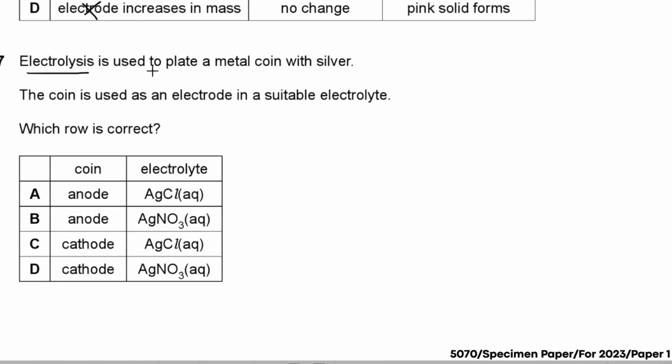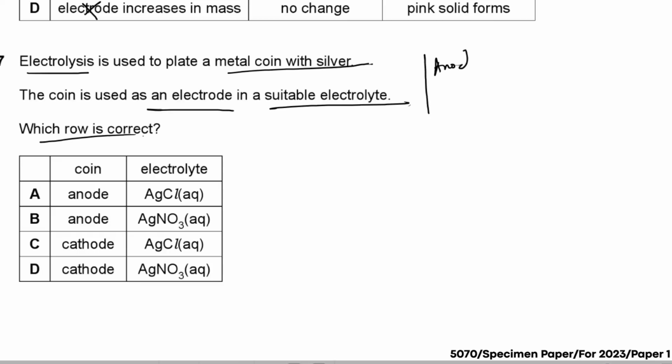Electrolysis is used to plate a metal coin with silver. The coin is used as an electrode in a suitable electrolyte. Which row is correct? We're going to be electroplating a metal coin, and we have to remember that the anode always breaks down.